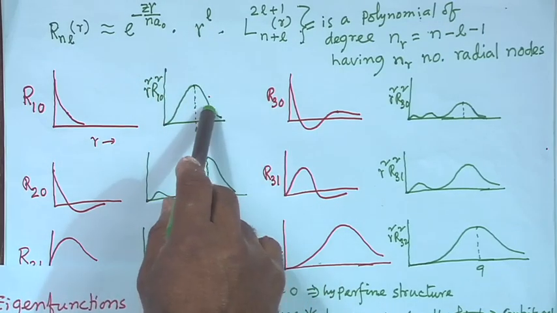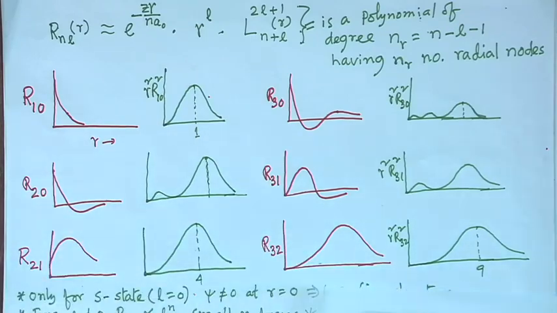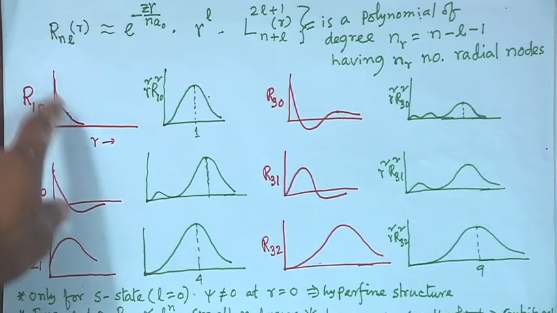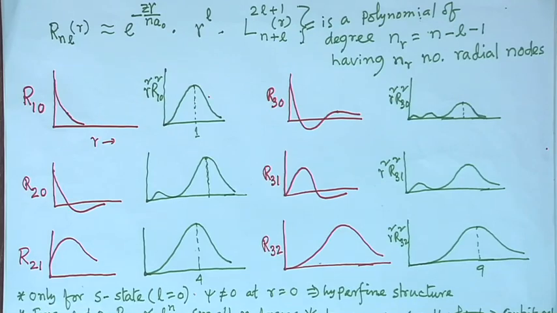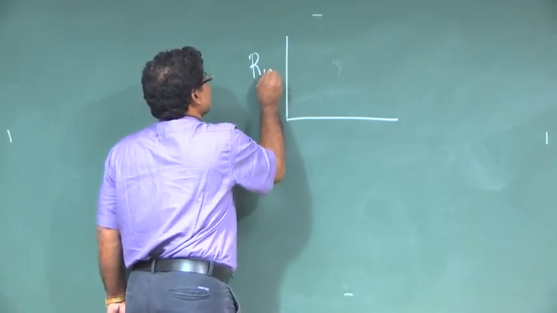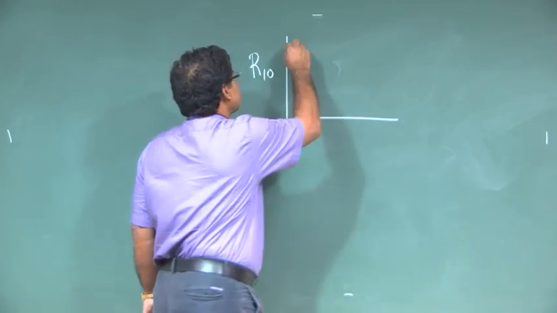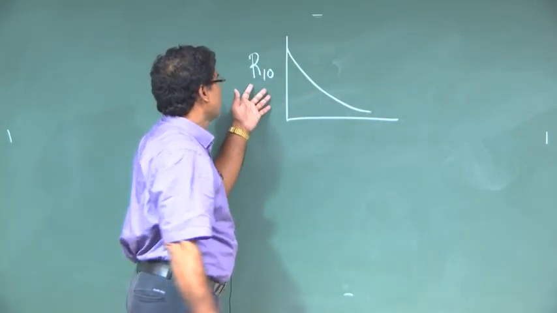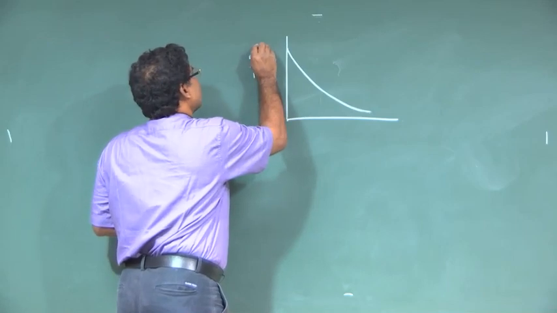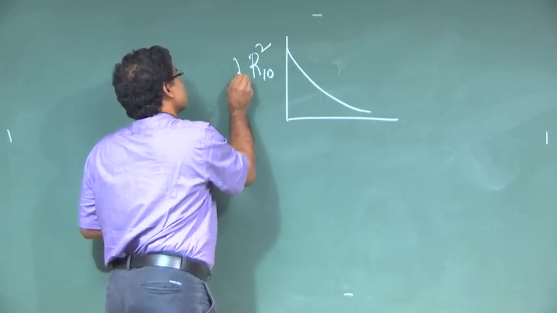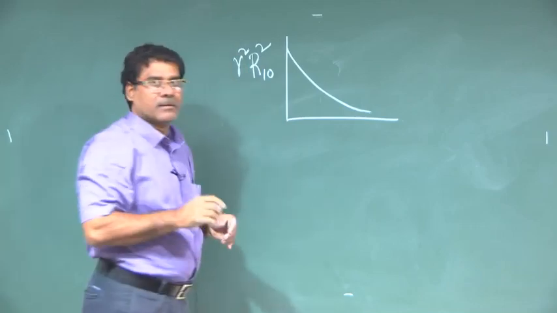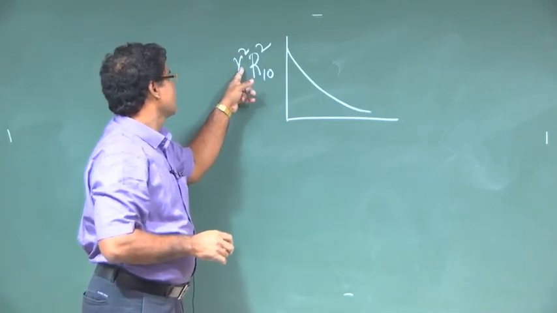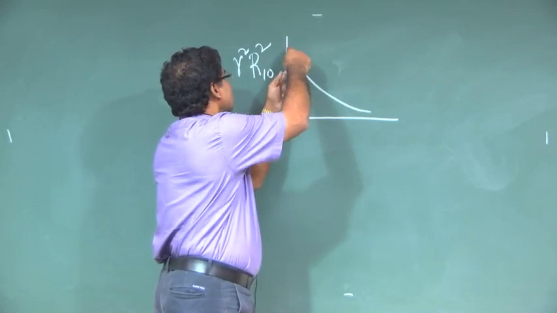Okay. So, how it comes, I will try to explain. Here, actually, the exponential term is there in R10. And when I am squaring it, and multiplying by r squared, what are the exponential terms?